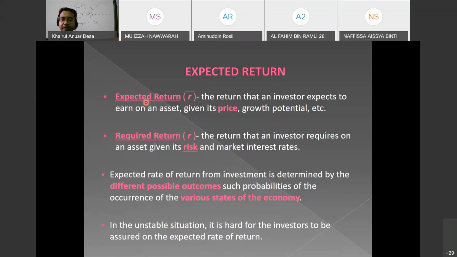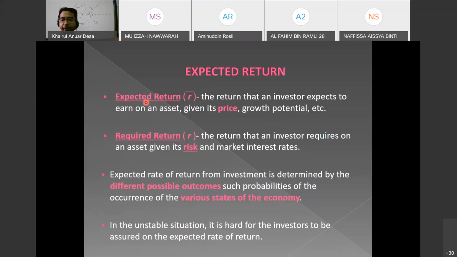Kadar pulangan dijangka adalah kadar pulangan yang diharapkan diperolehi oleh seseorang pelabur bila mana mereka menyertai sesuatu pelaburan tersebut. Okay, repeat, expected return is the return that investor expects or hopes to earn on the investment.